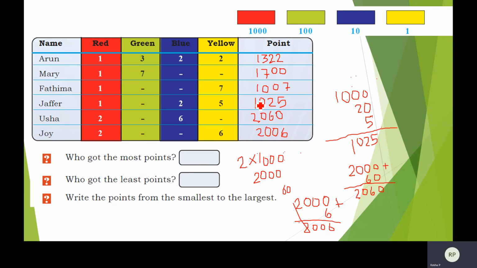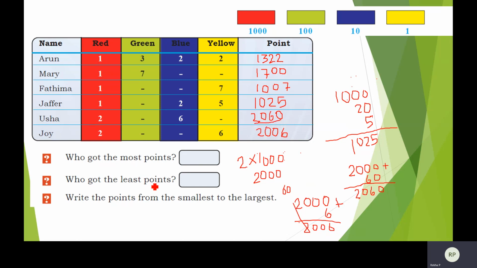Here all these numbers have 1, and for these two it is 2. So from these two numbers you have to find out. Okay, 2 at the thousands place, 0 at the hundreds place. Now you have to find which one has the larger value at the hundreds place. Both are 0. So now you have to go to the tens place. Here 2060 has 6 at the tens place, and the other has 0. So 2060 is the largest number here.